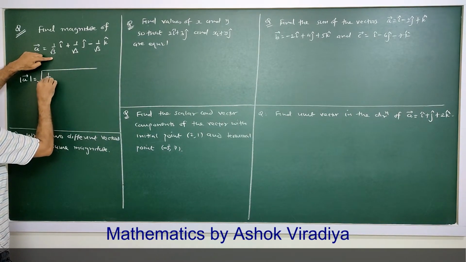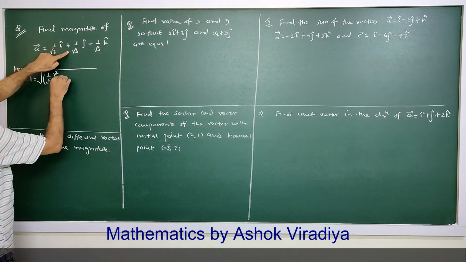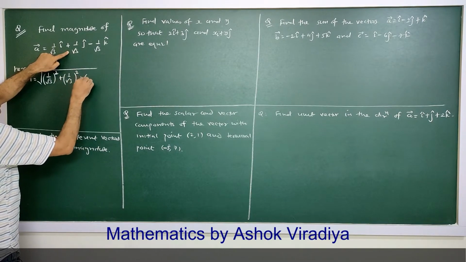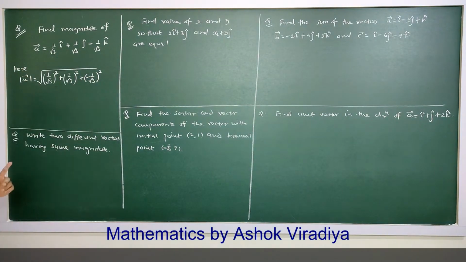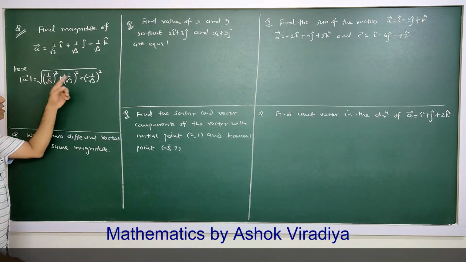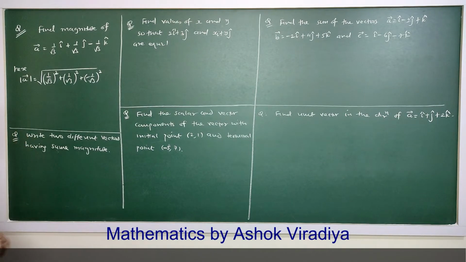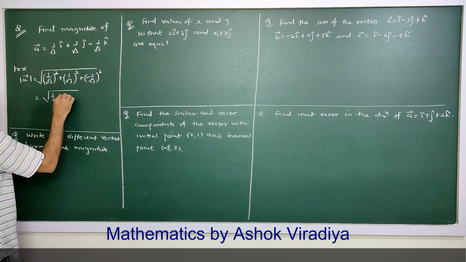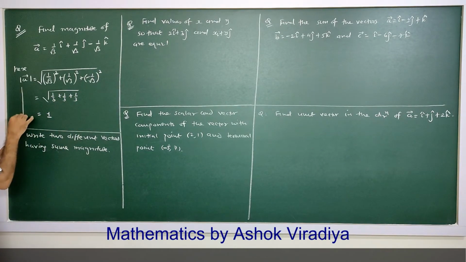So square root of (1 by root 3) square plus (1 by root 3) square plus (minus 1 by root 3) square, which is the square root of 1 by 3 plus 1 by 3 plus 1 by 3. So this is 1.